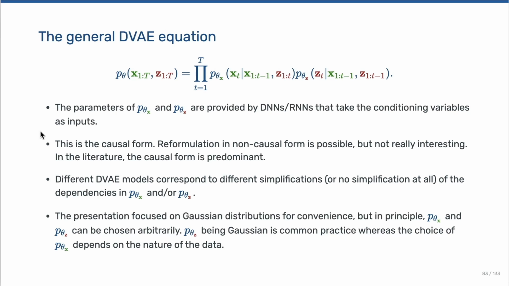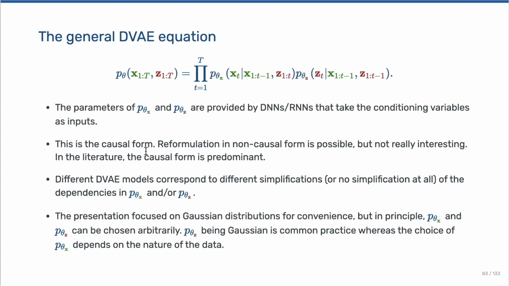We recall that the most general and richest dependencies are a dependency of both zt and xt on all previous observed vectors and all previous latent vectors, while xt also depends on the current latent vector zt. This corresponds to a causal sequential sampling.